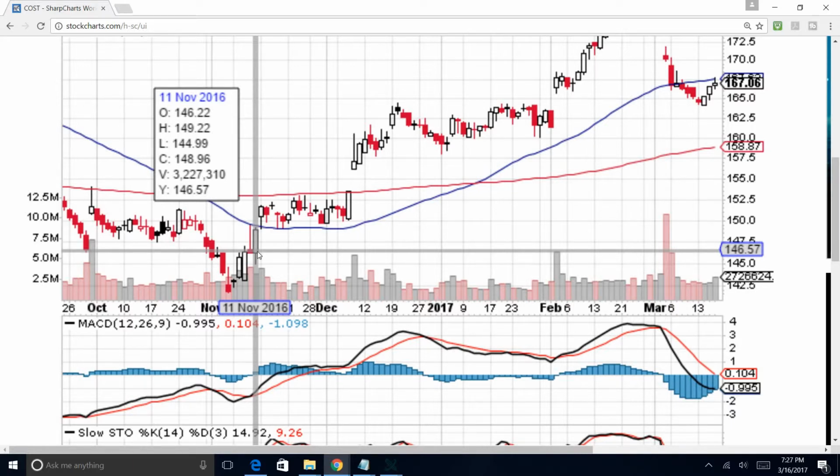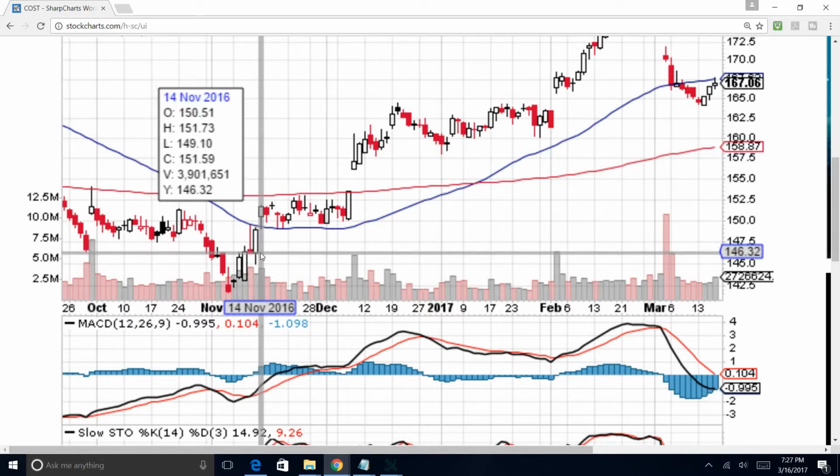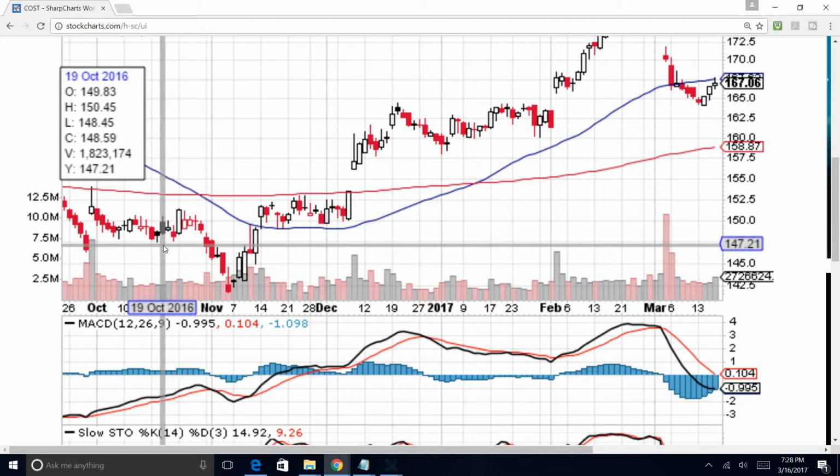So in this instance, on November 11th, the stock opened at 146 and closed at 148. Same with this one, the stock opened at 150, closed at 159. If we look at a solid candle, then it closed lower for the day. It opened at 149, closed at 148.